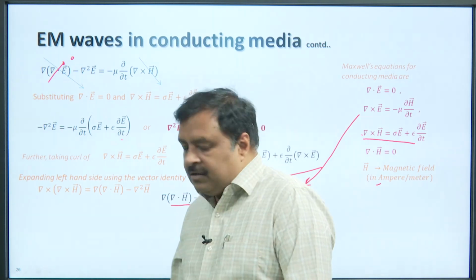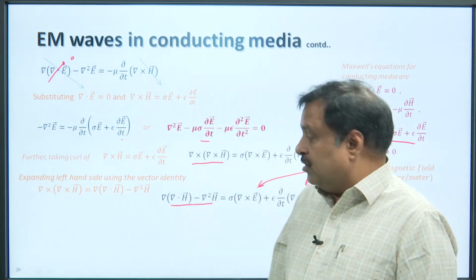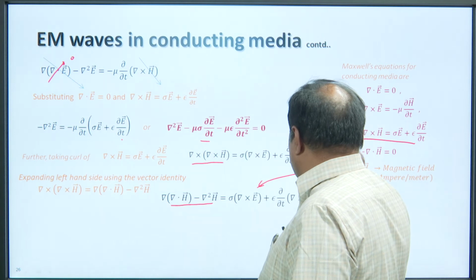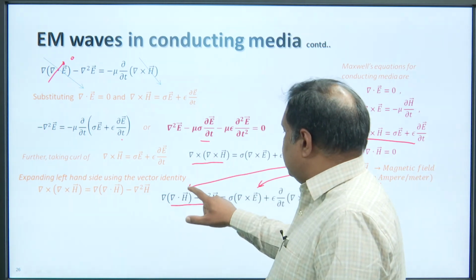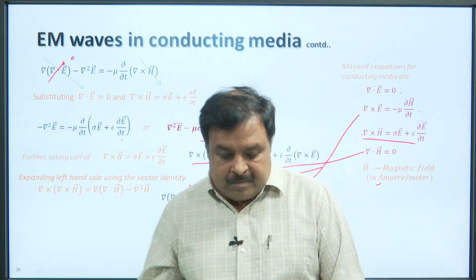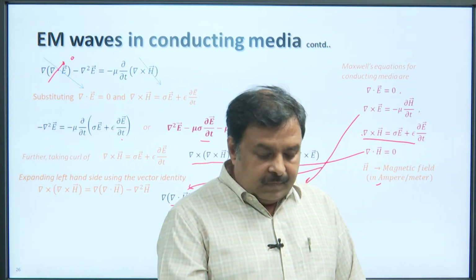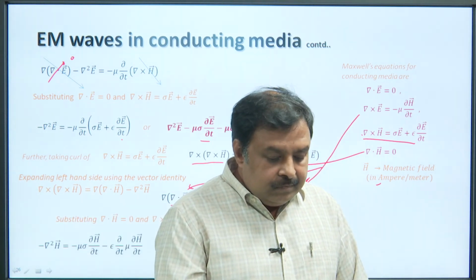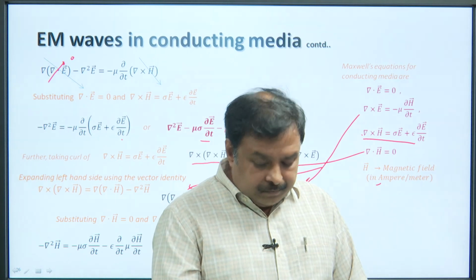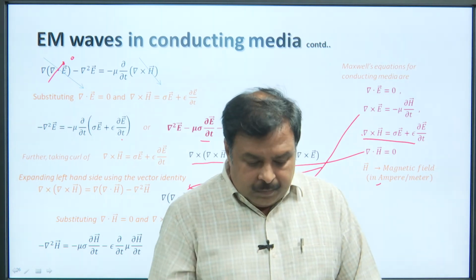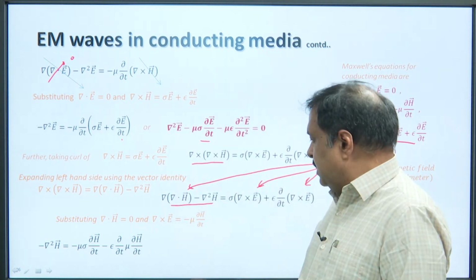Okay. So, and del dot H is also 0, del dot H, this is 0. So, we get minus del square H, this term goes to 0.